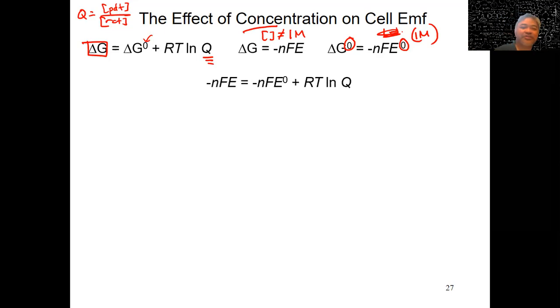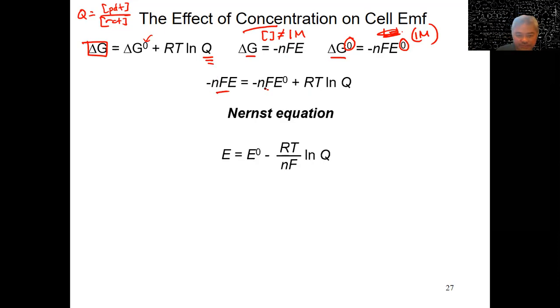Okay? So if we're going to substitute the delta G and the standard delta G, you will have it like that. And then you can divide all of them with NF. If you divide them with NF, maka-cancel yung NF doon. And this is what you get.